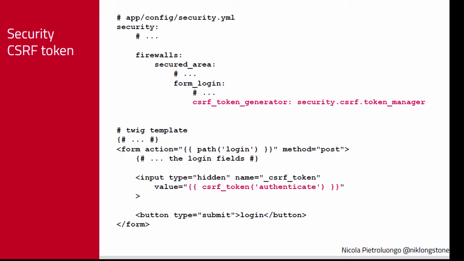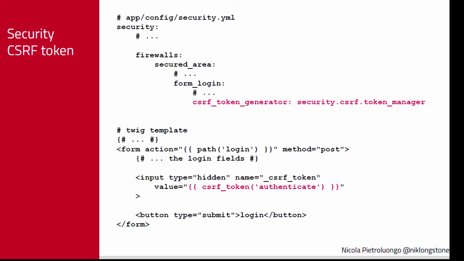Imagine you are going to review a form, and you know that this form needs a CSRF token, cross-site request forgery. I'm not going to talk about cross-site request forgery, but let's just assume that we need a token automatically and randomly generated every time, so at every request or at every session. So you know this as a reviewer.